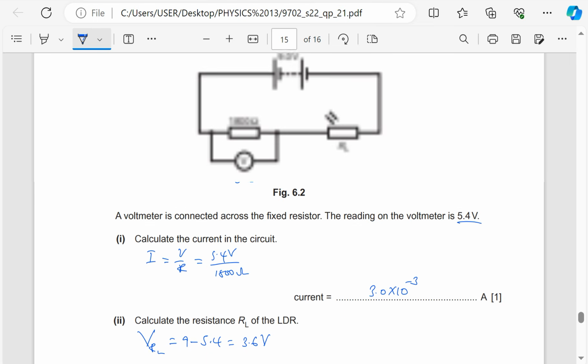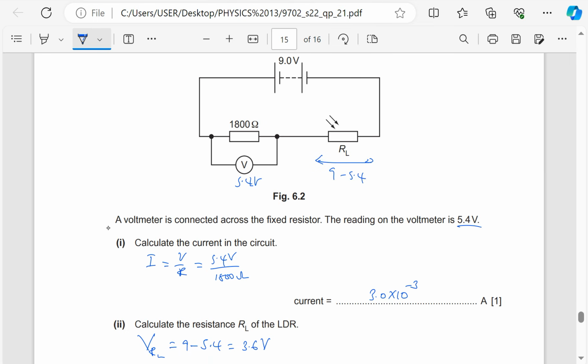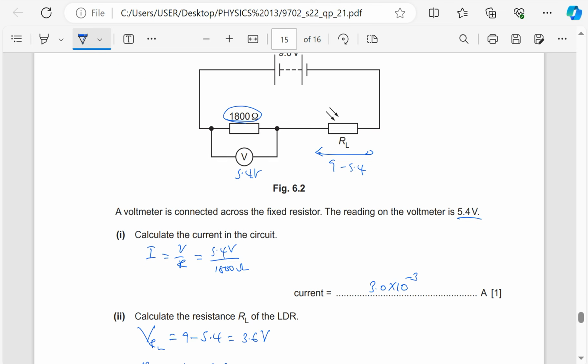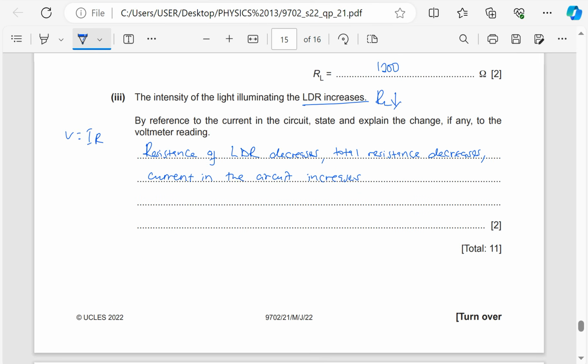So if current in the circuit has increased, then remember the one resistor is fixed. 1800 is fixed and the current through it has increased. So it means the PD across 1800 has increased. So the reading of the voltmeter increases.